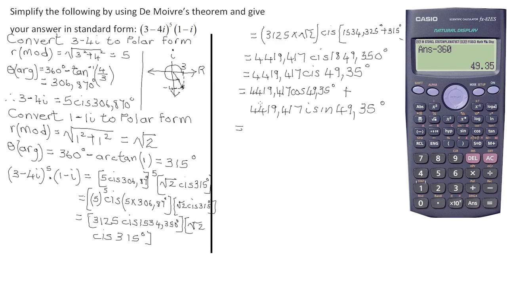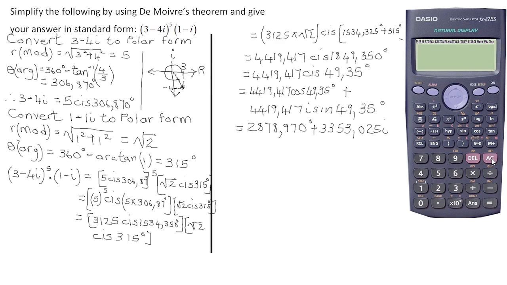And if you use your calculator, then you will get 2878.970 plus 3353.025i.